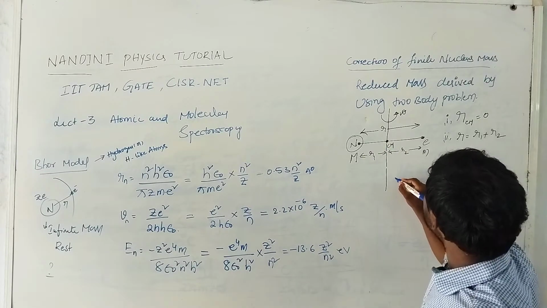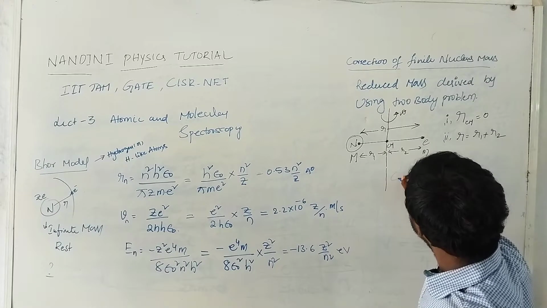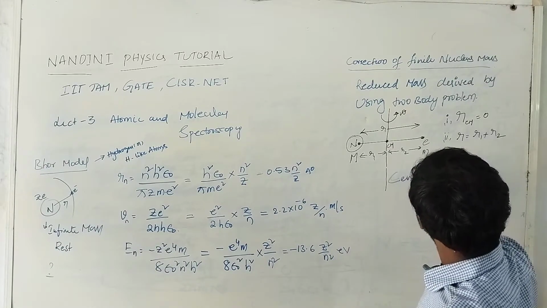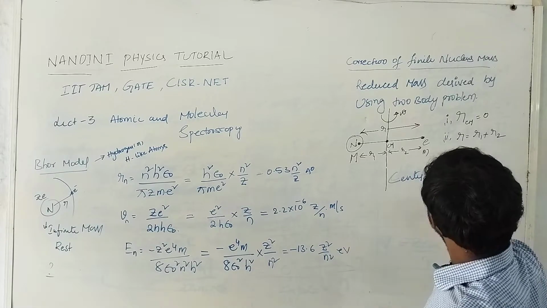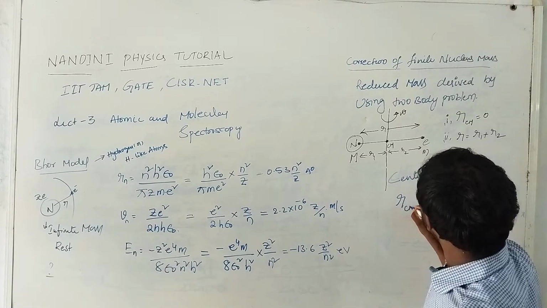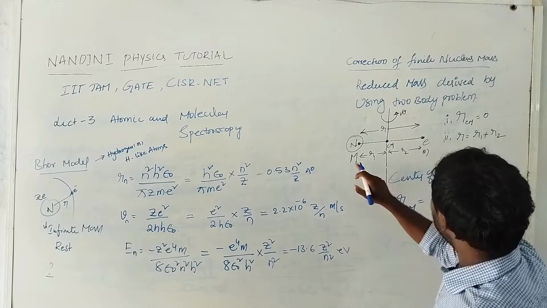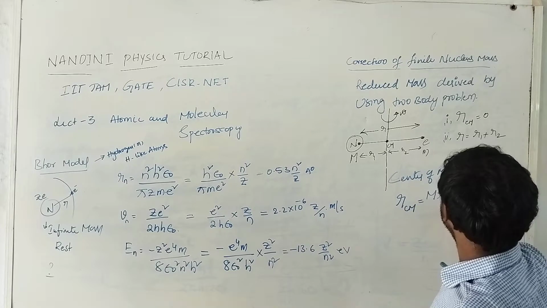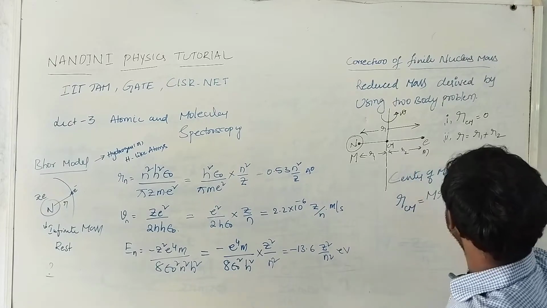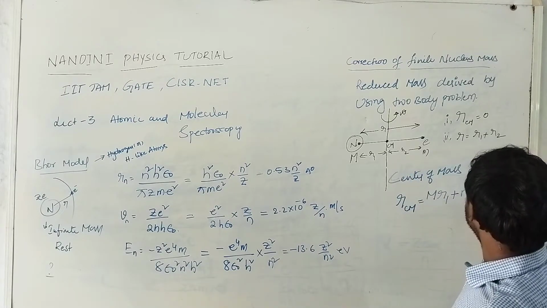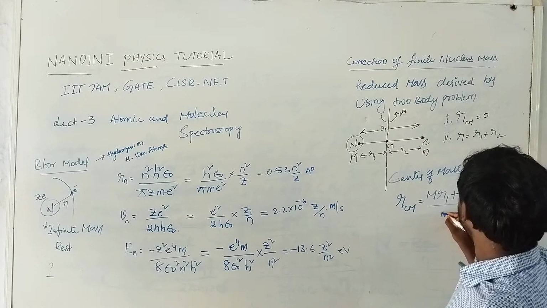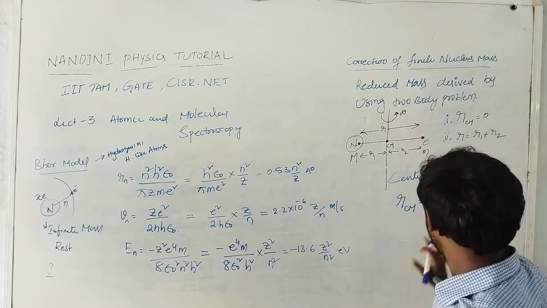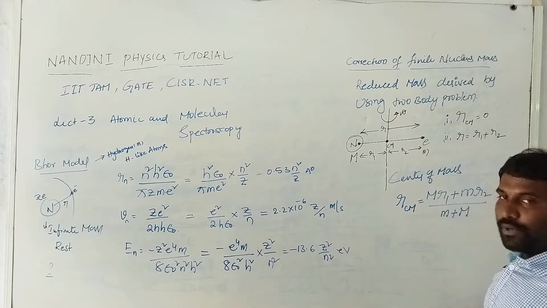R_CM is equal to capital M r1 plus small m r2, divided by capital M plus small m, the mass of the nucleus plus the mass of the electron. This is the center of mass equation.